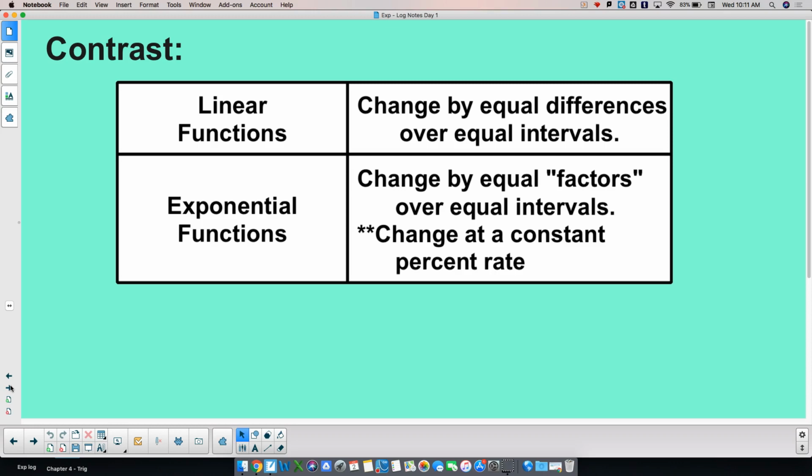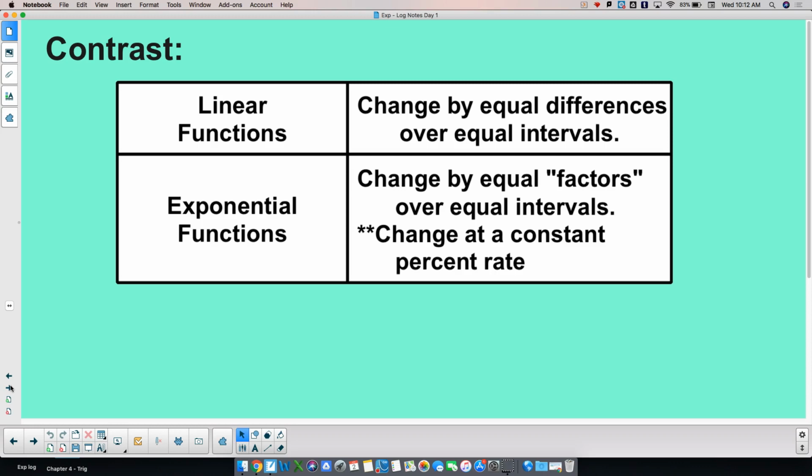function exponential. A linear function changes by a constant. The difference between 2 consecutive points is a constant.